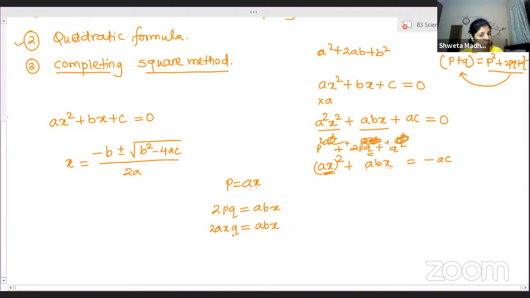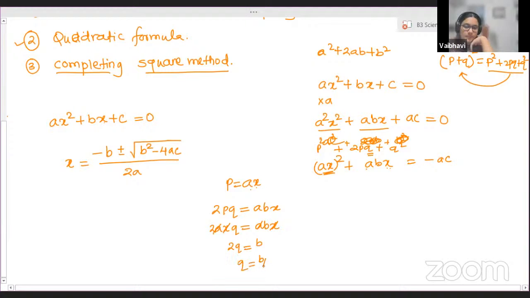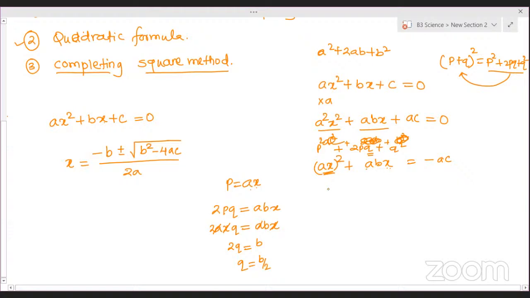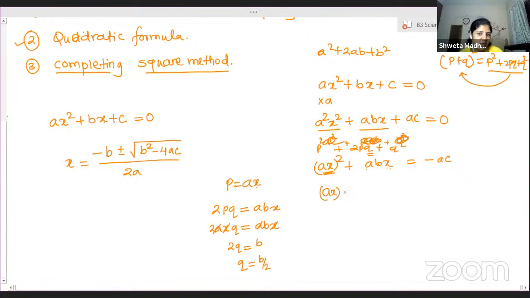Find the value of q from here. This x gets cancelled, this a gets cancelled. So 2q is equal to b. So what is the value of q? b by 2. So write it here in that order properly: ax square plus 2 into p, p is ax, into q, q is b by 2. Now by simplifying this, we will get the same.